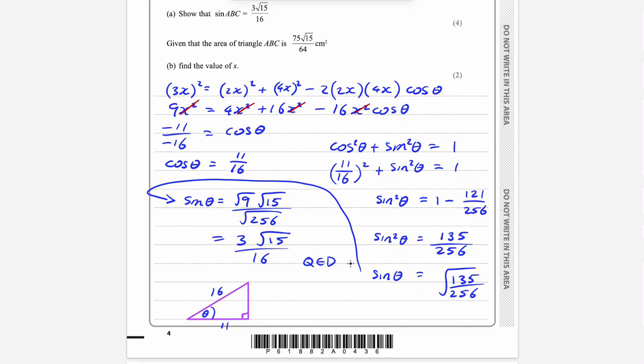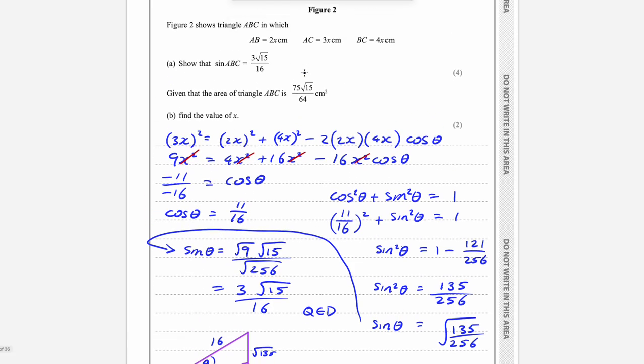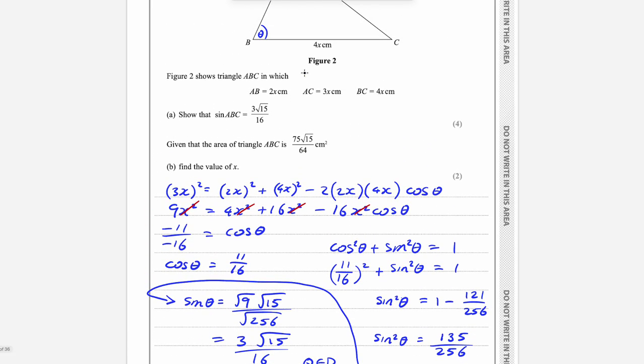It would actually be root 135. Now you have sine, cos, and tan of theta. Whenever you have either sine, cos, or tan of an angle, you can easily get the other two by drawing the triangle. Just be careful that it's an acute angle that you're trying to find.